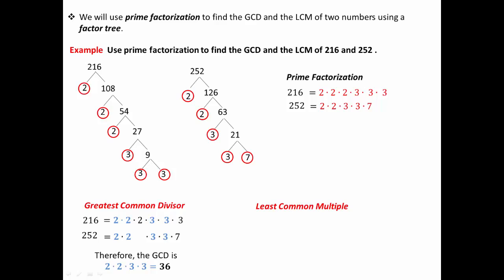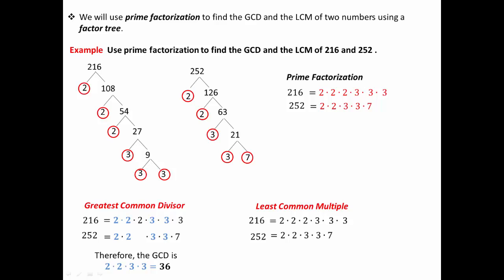When we find the least common multiple, we are finding the smallest natural number that is divisible by both numbers. We look for the largest number of times that each prime factor appears in the factorization of the number, and then we multiply those numbers.